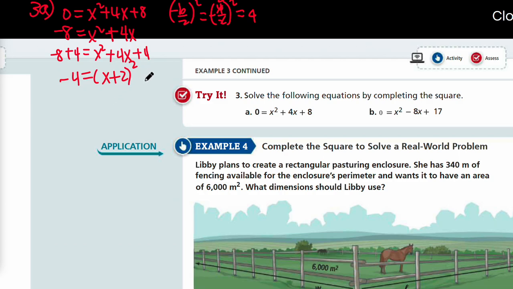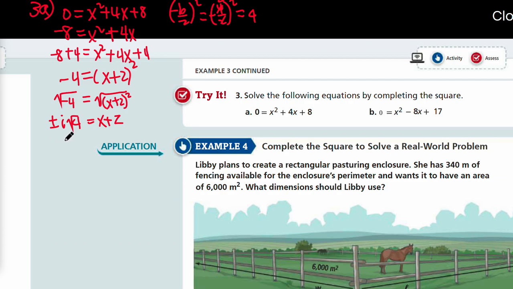And then you can keep solving by square rooting both sides, right? And then you cancel out the squares. But this one is an imaginary number. So plus or minus i square root of 4, which is just 2, would equal x plus 2.